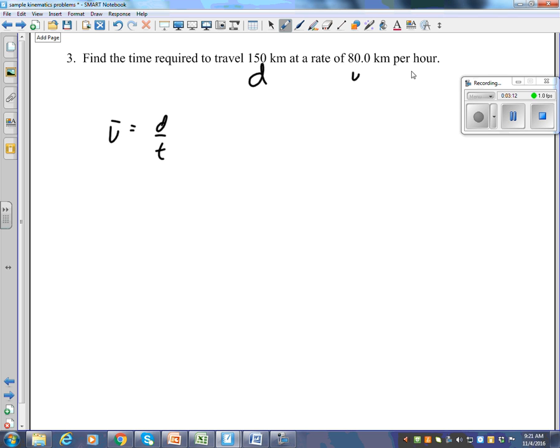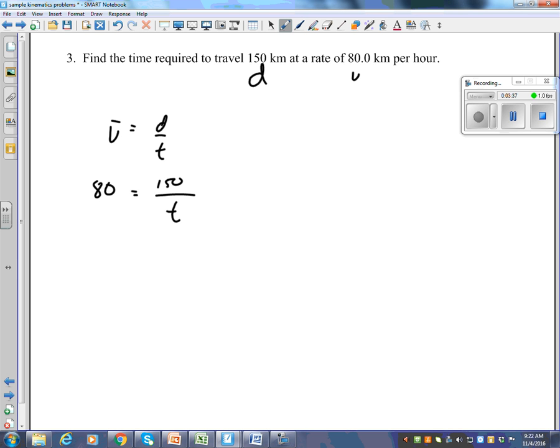If this was meters per second, then you'd have to do some conversion, right? And we'll get there, but today it's just going to be simple stuff. So displacement, 150, but we know the 80, right? And we went through this yesterday. How do you solve it when it's the t? Do the old switcheroo.